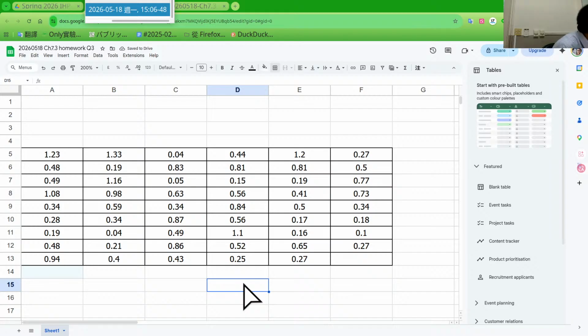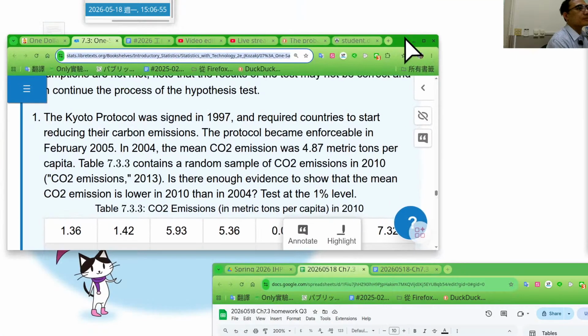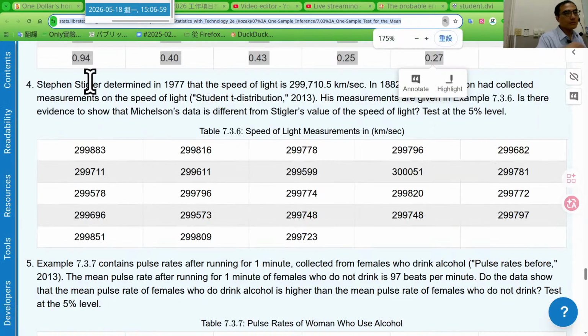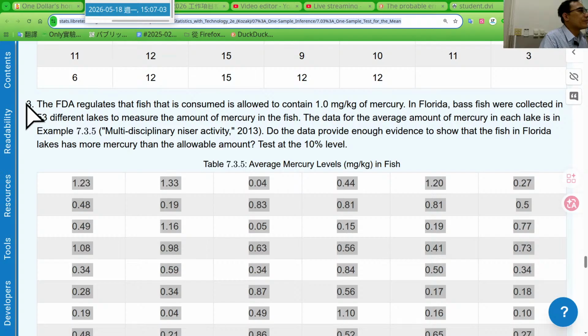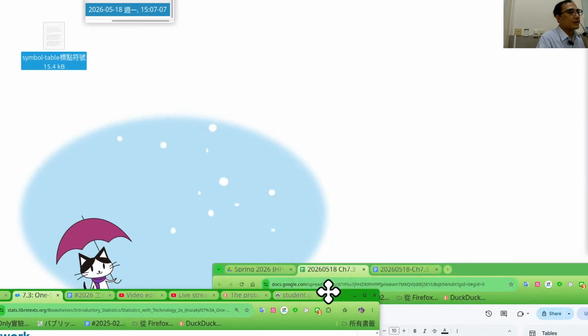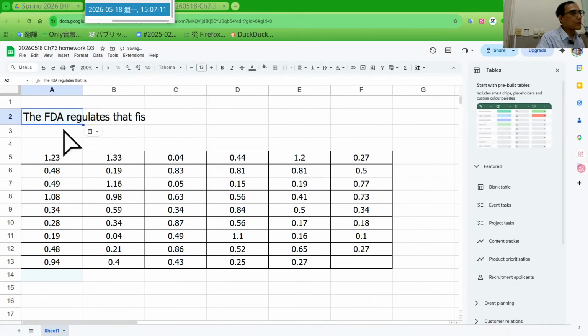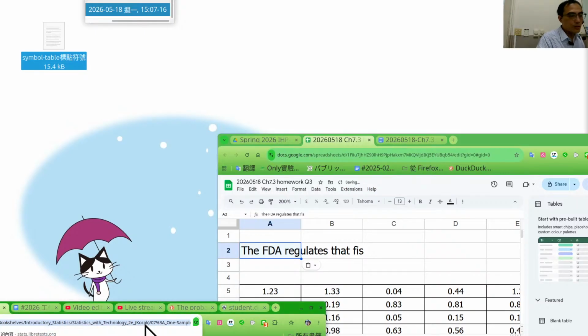So far, questions? Copy the data here from question number 3. Yeah, remember, when you use this, you had better copy the original link.